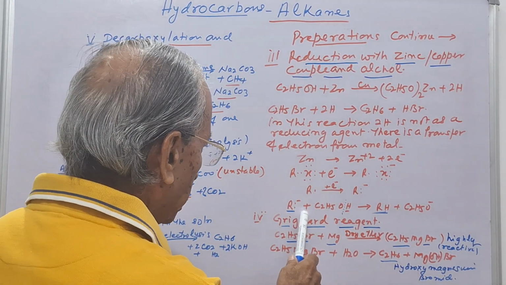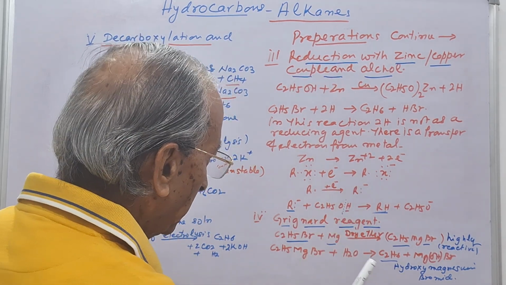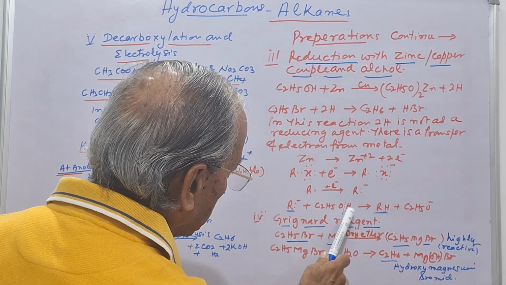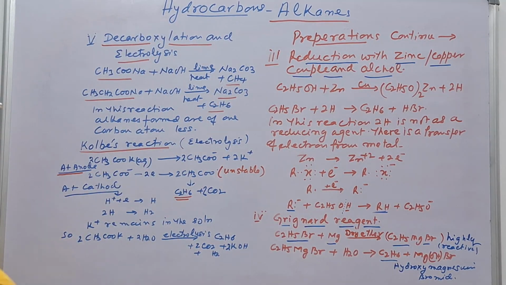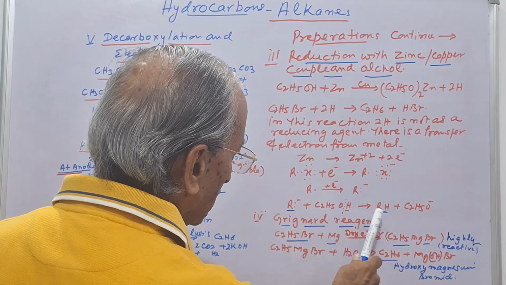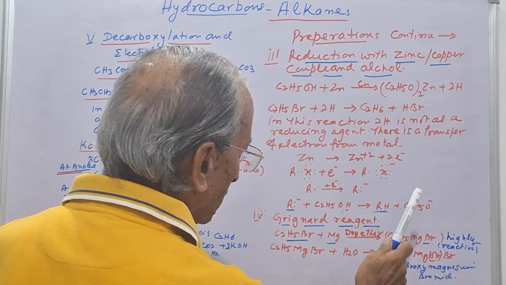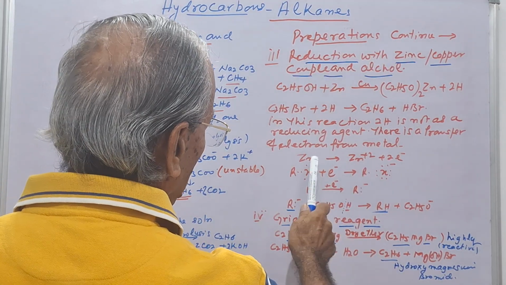And this alkyl then reacts with the alcohol in a way that the alcohol breaks at the H to form the ethoxide and the hydrogen. So R takes hydrogen from the alcohol to form the alkane and the ethoxide. So actually the reaction takes place by the transfer of electrons from zinc.